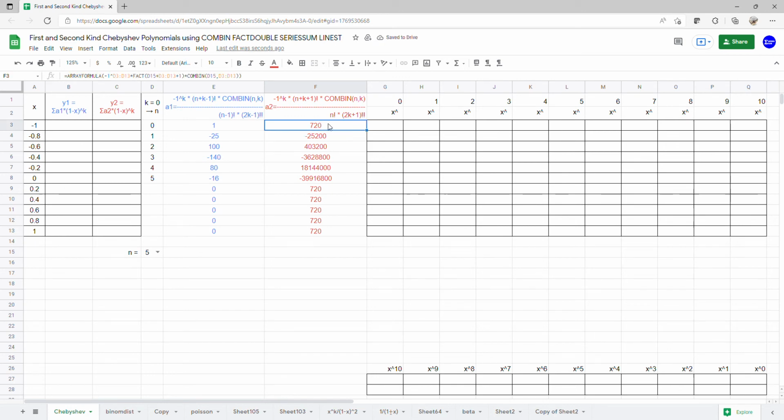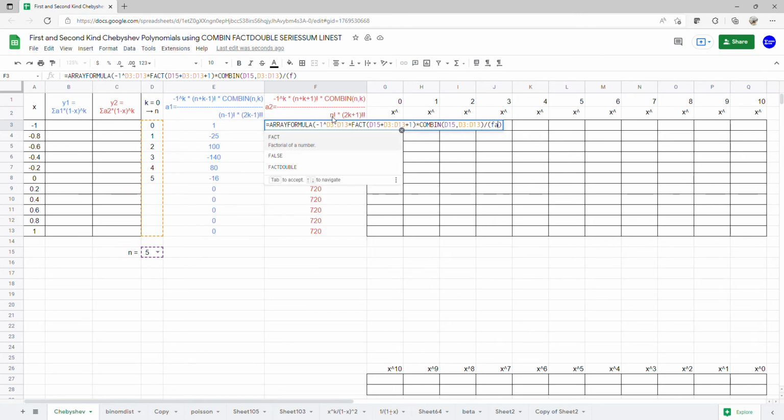Now the denominator. The denominator has two parts. The first part is factorial of n. The second part is double factorial 2 times k plus 1.